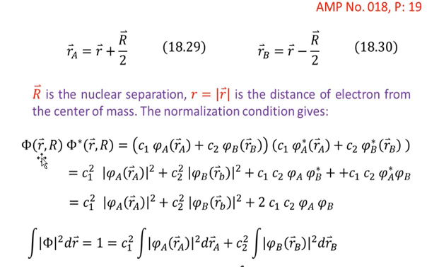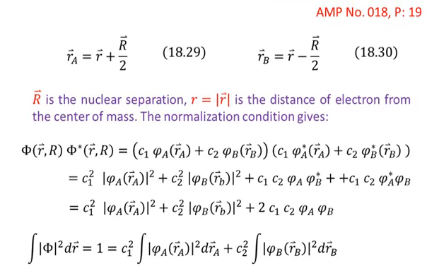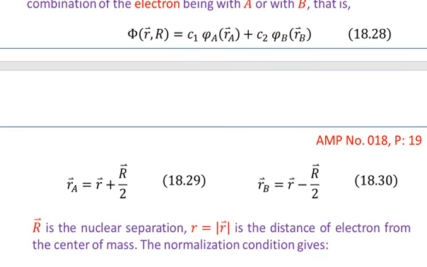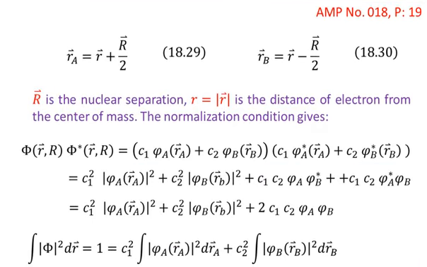On the left hand side of this equation, I have phi of r comma capital R and phi star of r comma capital R, which is equal to the right hand side of equation number 28 written over here. That is, phi of r comma R has been replaced by its value from equation number 28, and then I have also written phi star, also given from equation number 28.